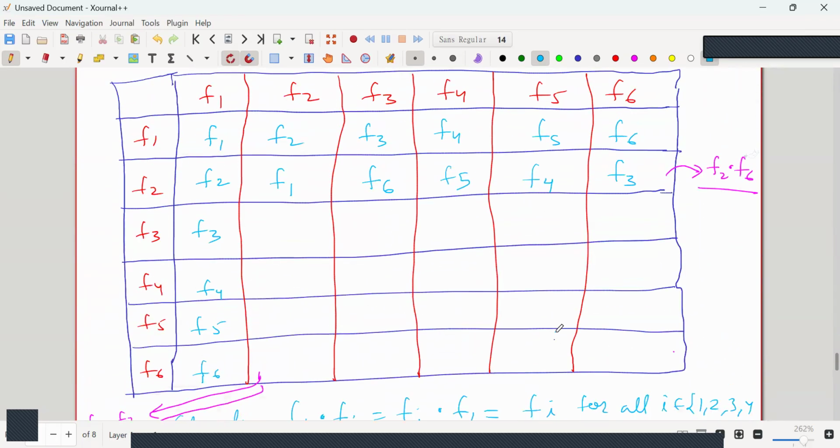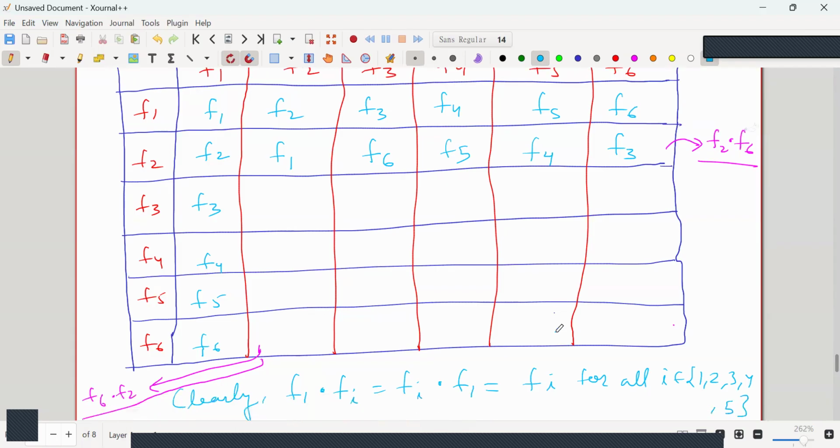Now, what is F3 compose F2? So I will be doing this and writing the solution directly. If you have any other answer, then you can let me know. I won't be doing the entire calculation here, because otherwise it will be very boring. F5 is 1 2 3, and F6 is 1 3 2.